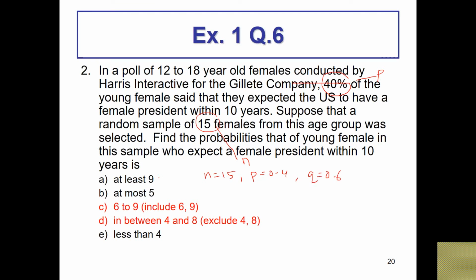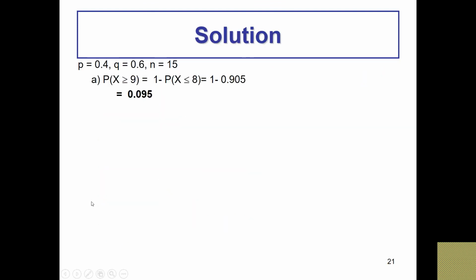So you need to find all of these: at least 9, at most 5, 6 to 9, between 4 and 8, and finally X less than 10. 6 to 9 means you still need to include the 6 and the 9. In between 4 and 8, you exclude the 4 and you exclude the 8. This is the first one: you want to find at least 9 females who expect that they will have a female president in 10 years' time.